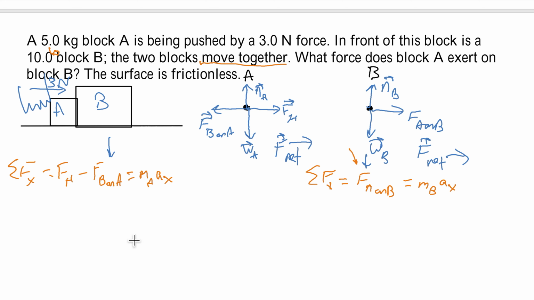Agree with that? So FB on A and FA on B are actually the same magnitude, just acting in opposite directions. That's going to be important for us. So what we need to do here is solve one equation for one of these unknown things, substitute it into the other equation, and we're going to be in pretty decent shape.